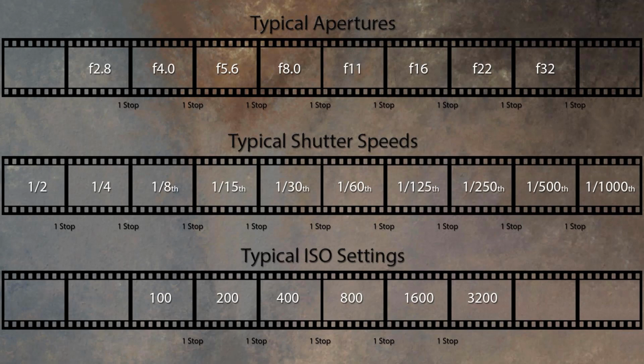So in effect, we would be doubling the exposure. So once again, if we move left to right along the ISO scale, we are doubling the exposure each time. If we move right to left, then we're halving the exposure each time. But you will note across the entire screen, the gap between each of the apertures, shutter speeds and ISO is considered one stop.